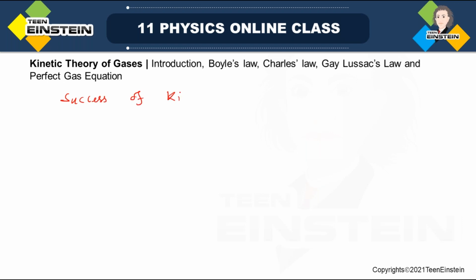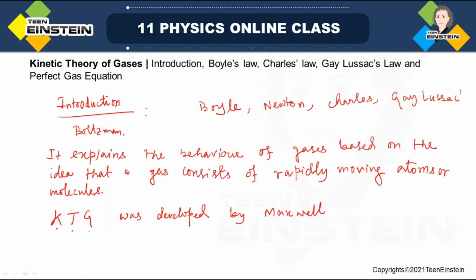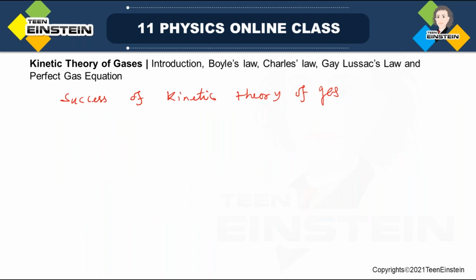Success of KTG, kinetic theory of gas. What are the successes? Number one, kinetic theory gives molecular interpretation of pressure and temperature. As I said, any theory, when it is developed, there will always be some aim.